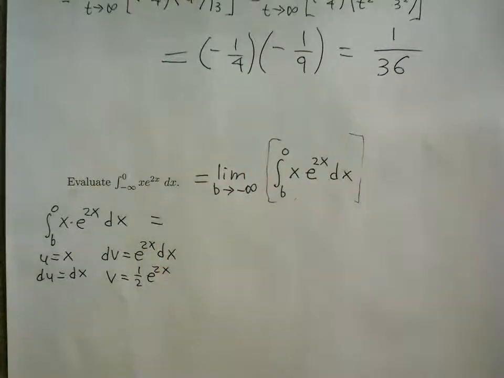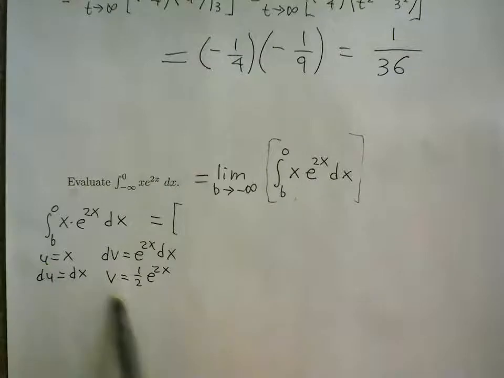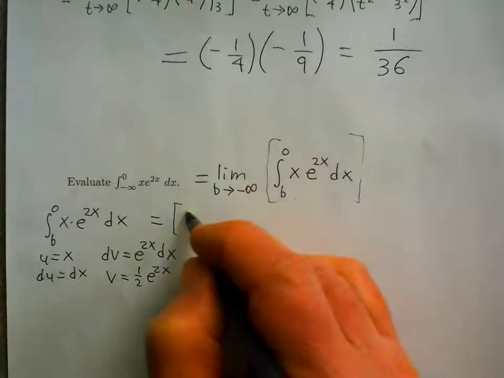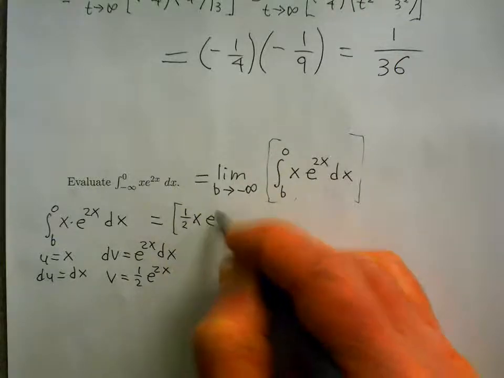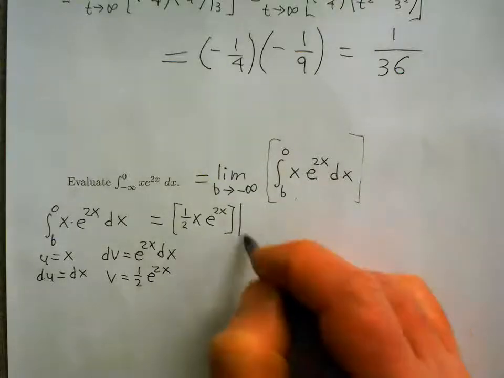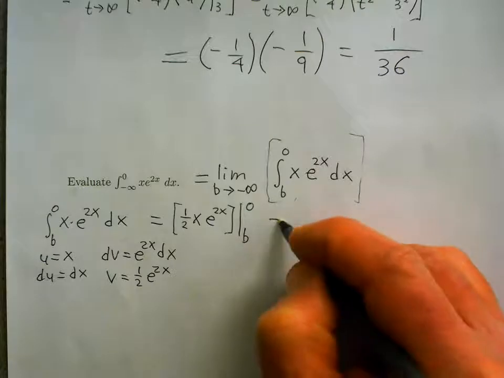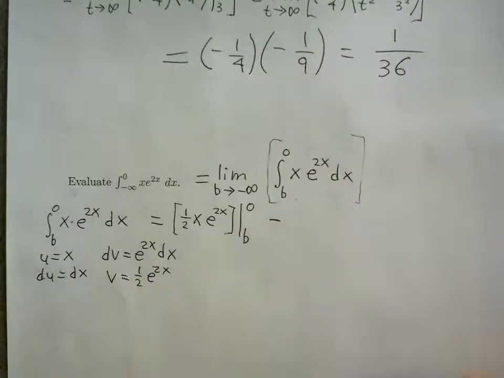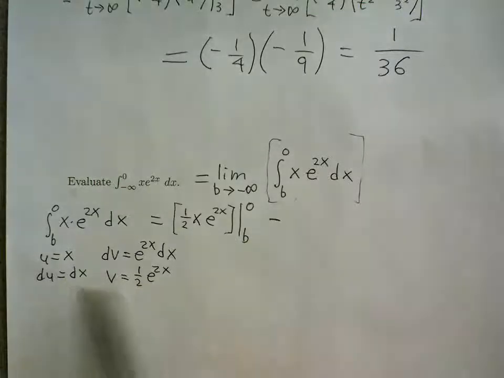Okay, so this is equal to u times v. So x times 1/2 e to the 2x. I'll write it as 1/2 x times e to the 2x. We evaluate this from b to 0. And then we subtract the integral of v du. So we have a constant 1/2.